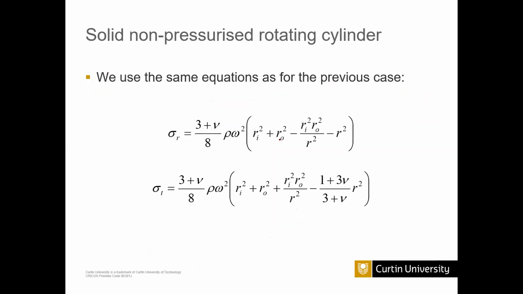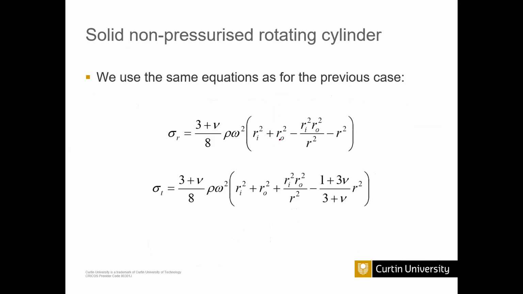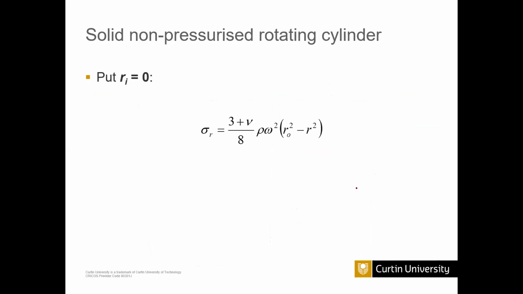So these are two general equations. With Ri equals 0, that means a solid cylinder, this part and this part will be 0, and only this one remains. Here also these two equal 0, and only this remains. So this is the radial stress then.